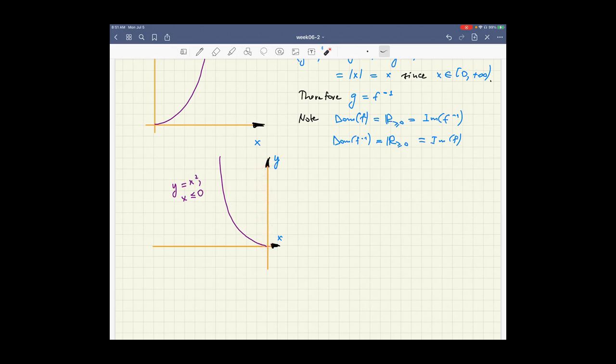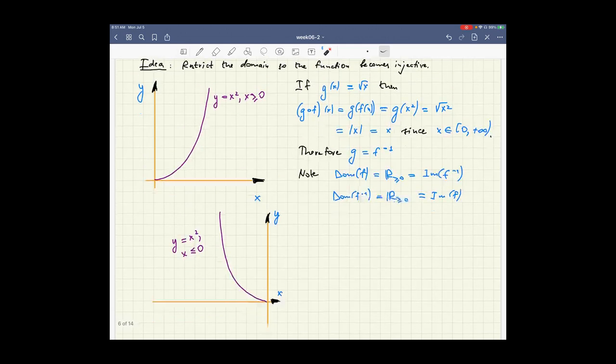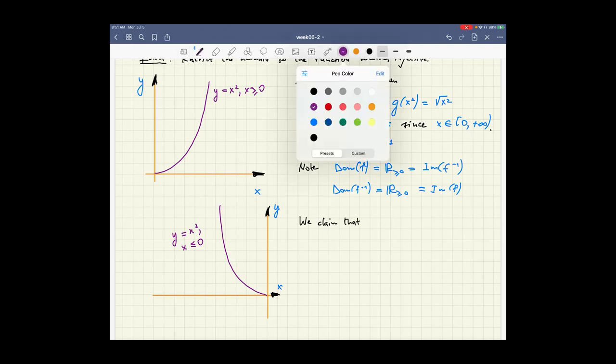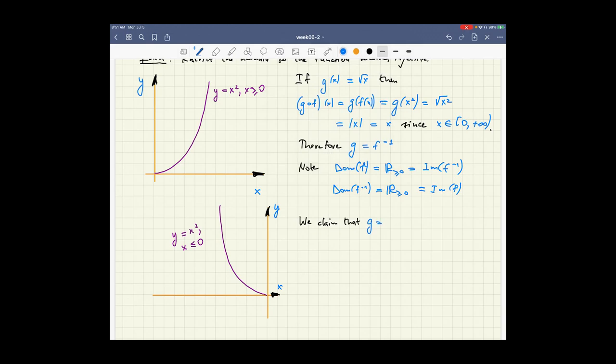And so it will have a unique inverse, and I claim that in this case, this unique inverse is negative square root of x. Let's see why.